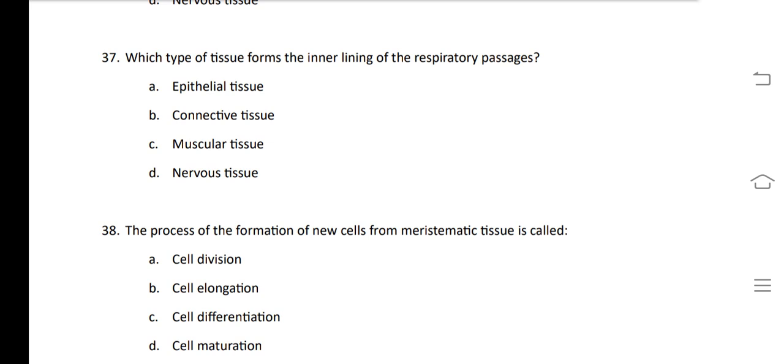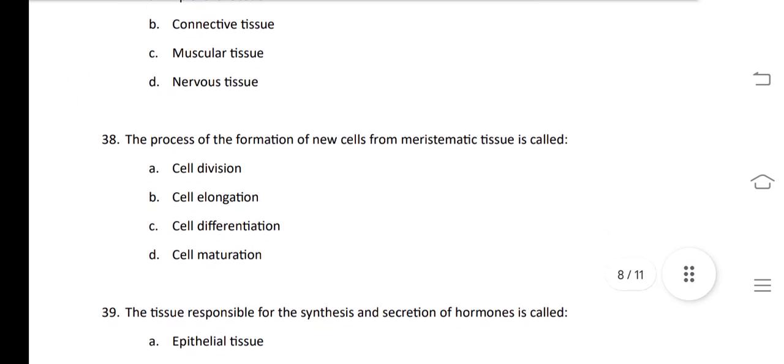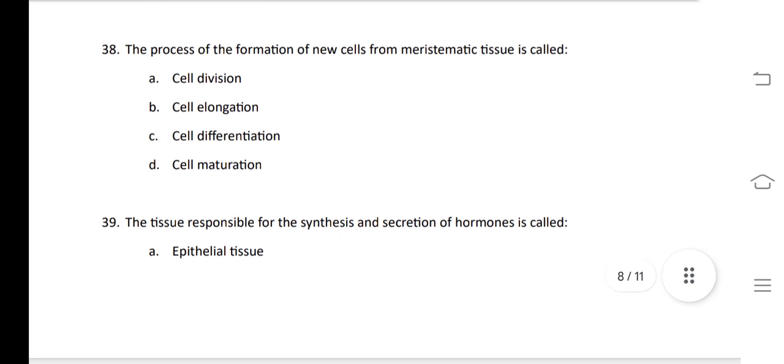The inner lining of respiratory passage is made up of epithelial tissue. Our next question is, the process of formation of new cells from the meristematic tissue is called. The process of formation of new cells is cell division.